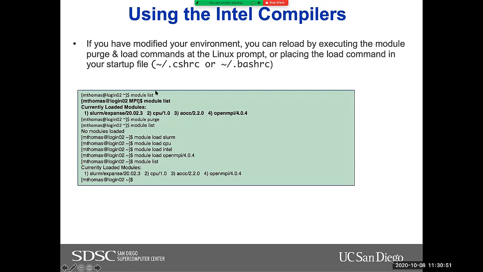So I'm looking at my modules. There's no Intel. I'm working with that previous environment. So this time I just decided to purge and load in Slurm CPU, Intel, OpenMP, and the system, of course, I have a typo in here as well. I apologize for that. That should have been replaced with the Intel.